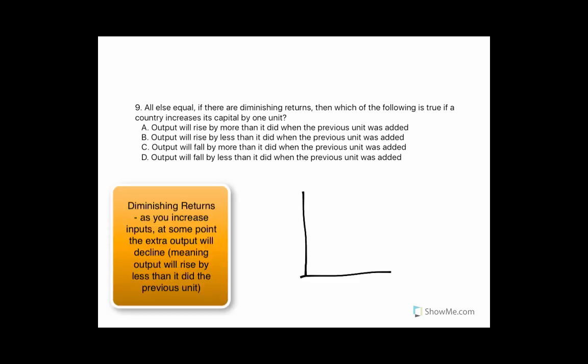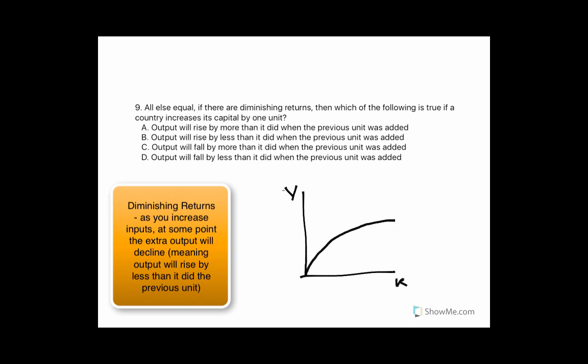Okay, all else equal, if there are diminishing returns, which of the following is true if a country increases its capital by 1 unit? Okay, output will rise by more than it did when the previous. So diminishing returns says something like this. So if I have capital and output, the relationship between these two things looks something like this.